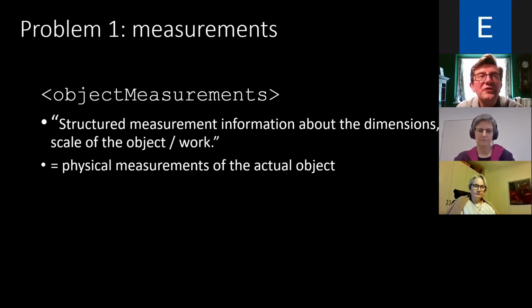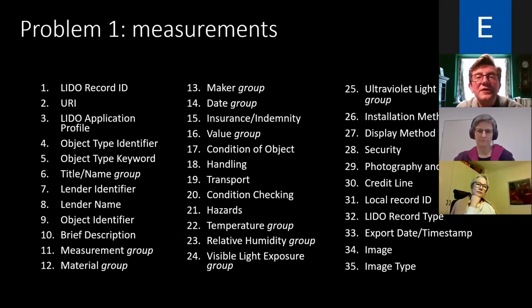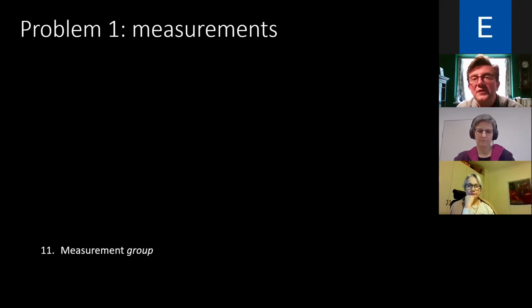which was the definition of a measurement. As currently defined, measurements in LIDO are measurements of the actual object, that is length, weight, height, etc. Physical measurements. And in our data standard, we do have this kind of measurement included alongside other information that identifies the object. But we also need to record different kinds of measurement.